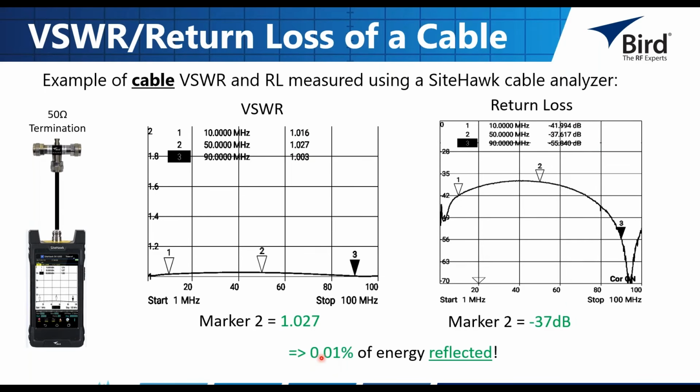So we're getting only 0.01% of the energy reflected back at the source. And this is using a little 50 ohm termination on the end of the cable just to approximate that perfect match.